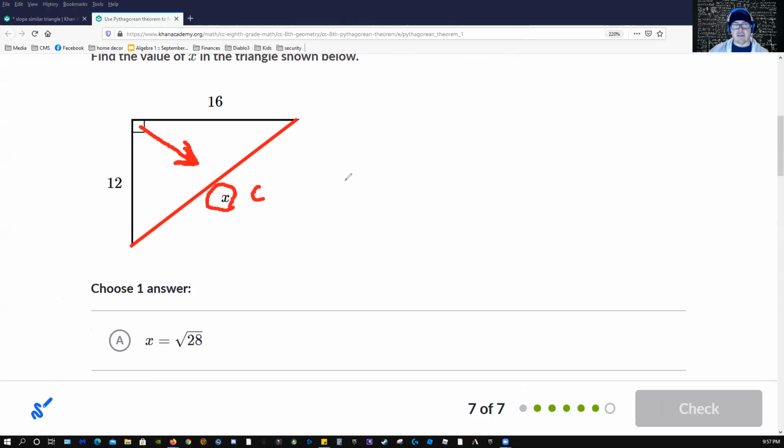So when I set this up, I'm going to say, a squared plus b squared equals c squared. So now I'm going to fill in those numbers. That'd be 12 to the second power, or 12 squared, plus 16 squared equals x squared.